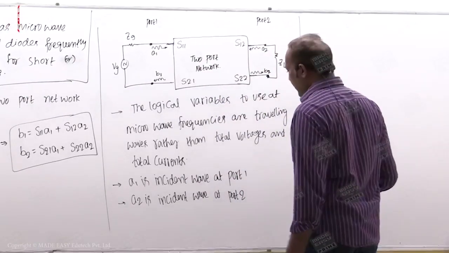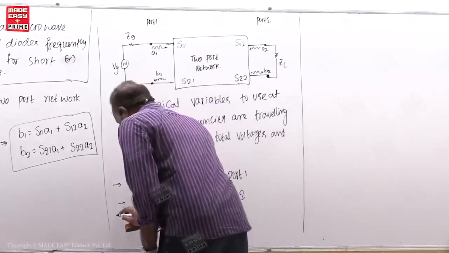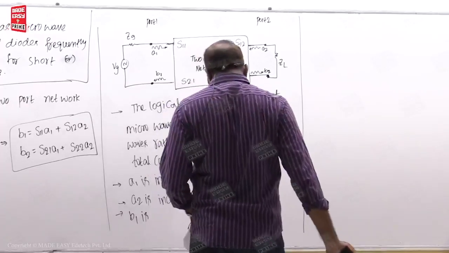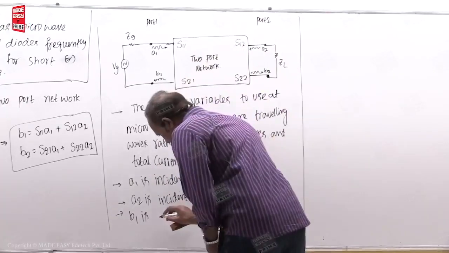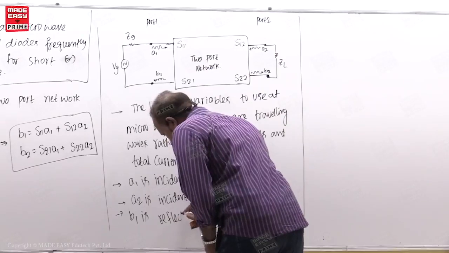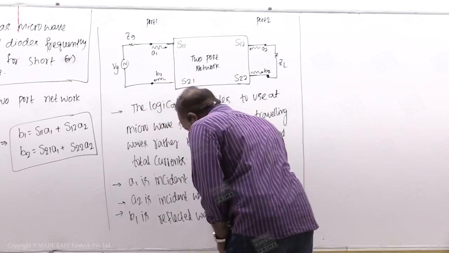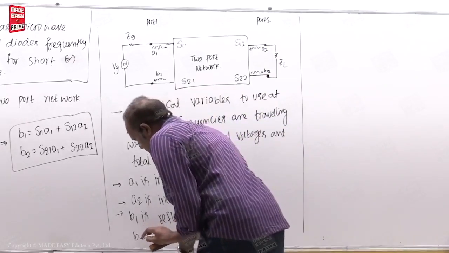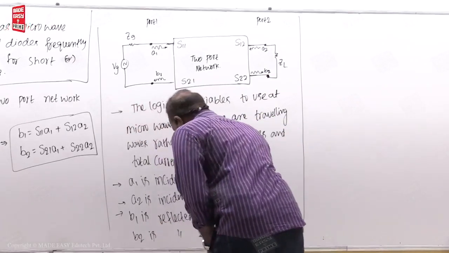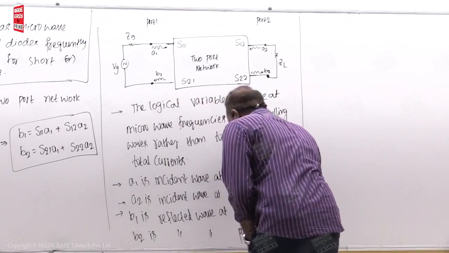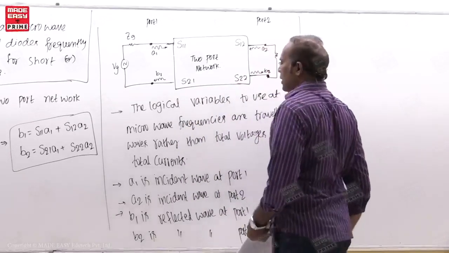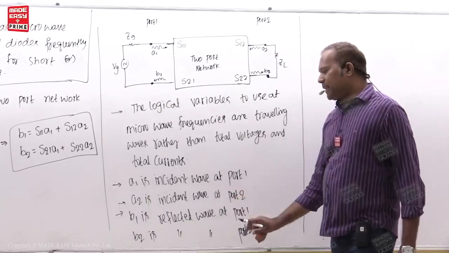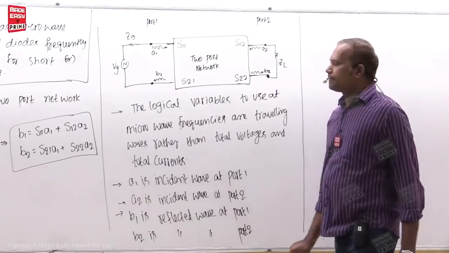And similarly, B1 is the reflected wave at port 1, and B2 is the reflected wave at port 2, students. So the A symbol is used for incident waves, the B symbol is used for reflected waves, right?